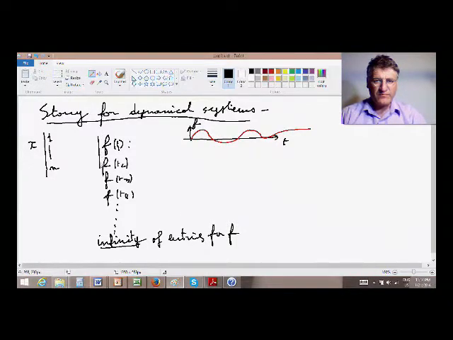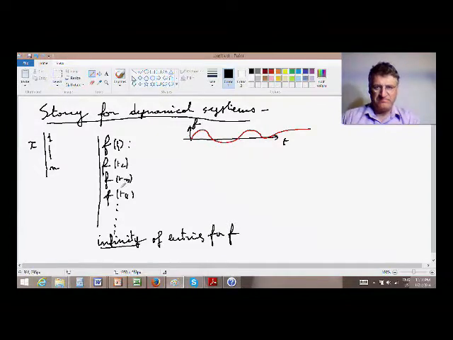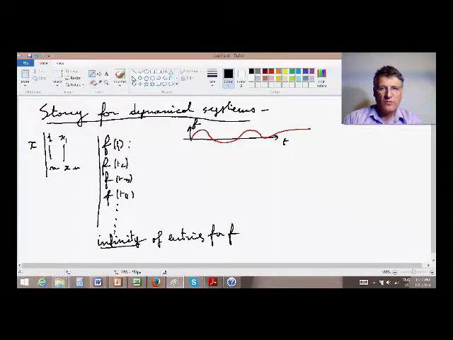However, we could say that those entries are precisely the components of f, just like x1 through xn are the components of x.